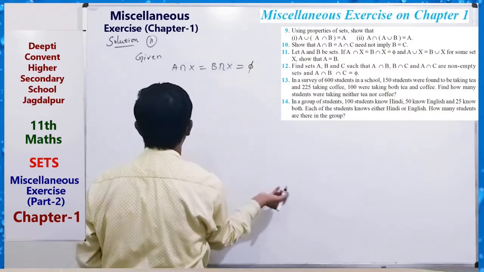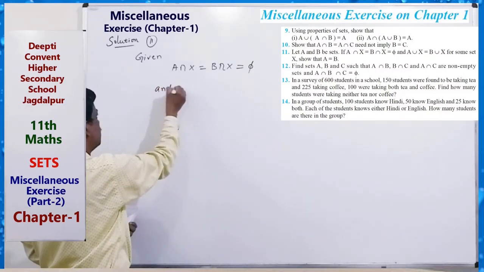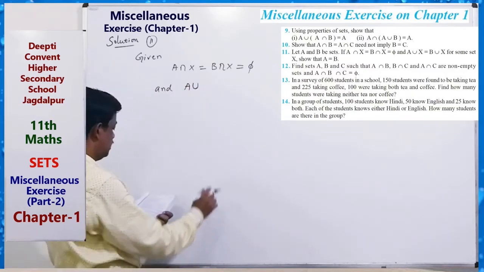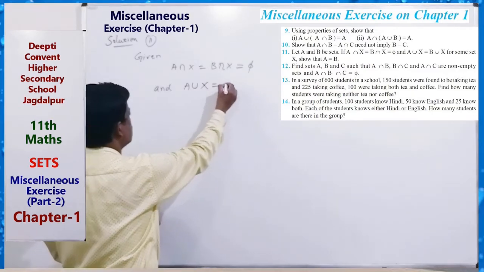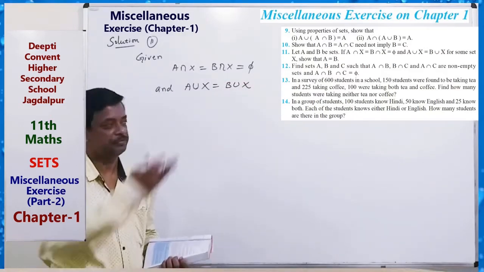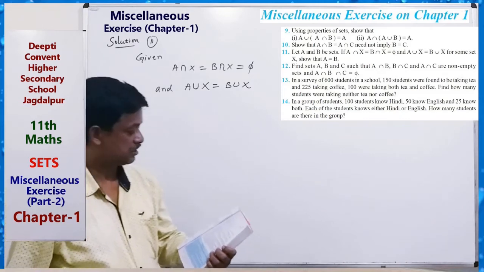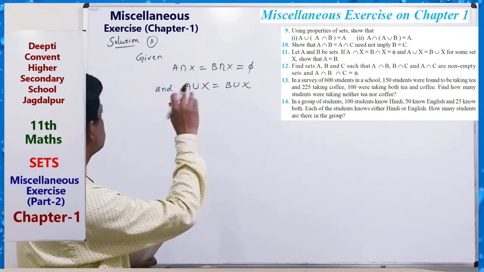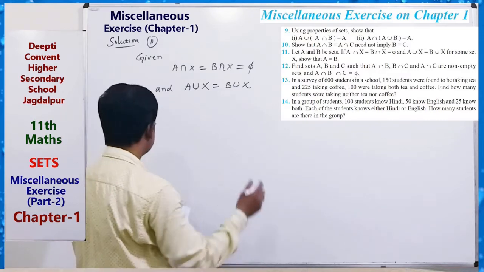This is given, and also given A union X equals B union X. These two are given, A union X and B union X, for some set X. Here sets A and B are any two sets.